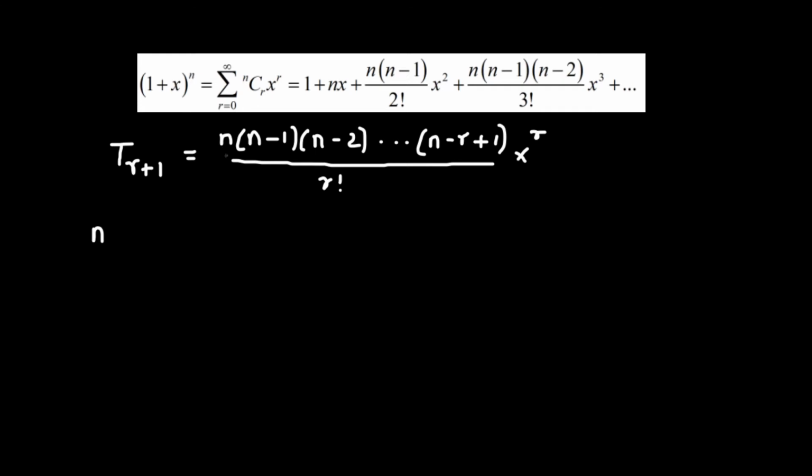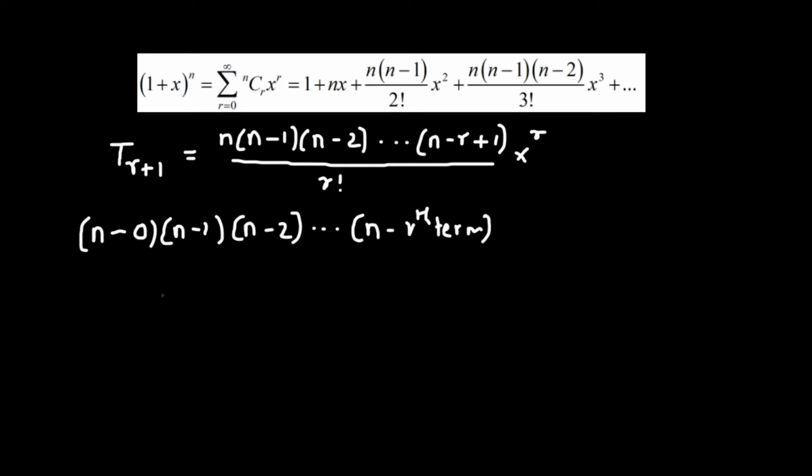The first term, which is n, can be written as n minus 0. The second term will be n minus 1. The third term will be n minus 2. Now we have to predict what the general rth term is going to be. The rth term can be obtained by using the formula a plus (r minus 1)d.